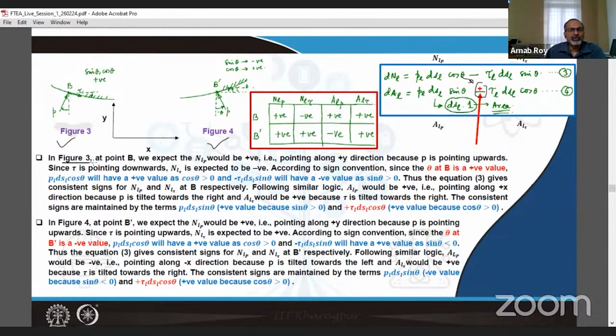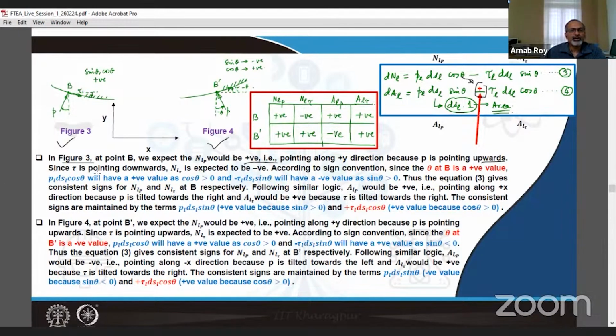So in figure 3, at point B, we expect N_l,p would be positive, that is pointing along the positive y direction because P is pointing upwards. That's what we were saying earlier, that on the lower surface of the airfoil, the pressure will always have an upward sense, while on the upper surface of the airfoil, it's always in the downward sense.